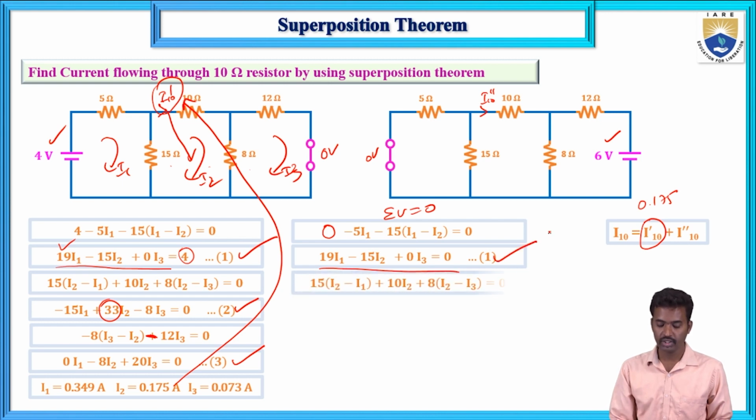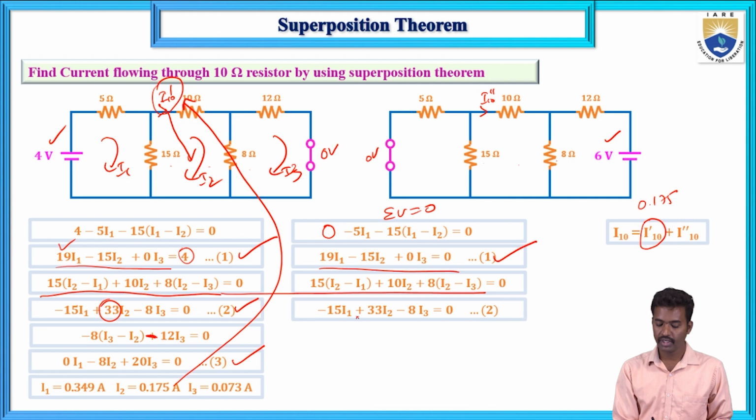And the second equation is the same as before. So 15 I2 minus I1 and 10 I2, then 8 I2 minus I3. Now here minus 15 I1 minus 8 I3, 15 plus 10 plus 8, that is 33 I2.